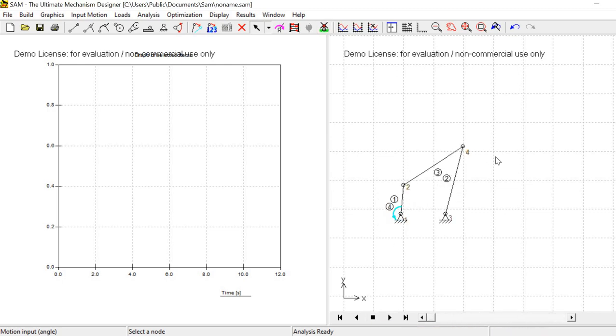So this is the graph, this is the diagram, it is going to be like this. After that, you need to find the velocity diagram for this. For that, just go to this one, select element or node. So click this one. After that, we need to find the velocity of this fourth node. So I'm going to click over here.